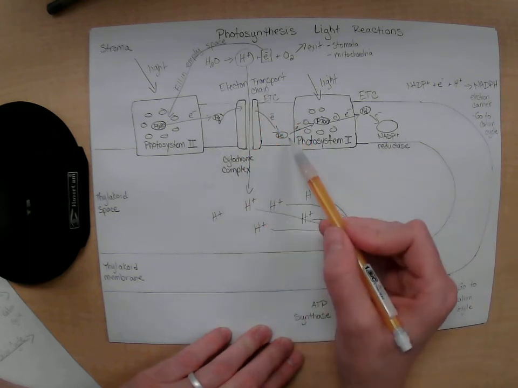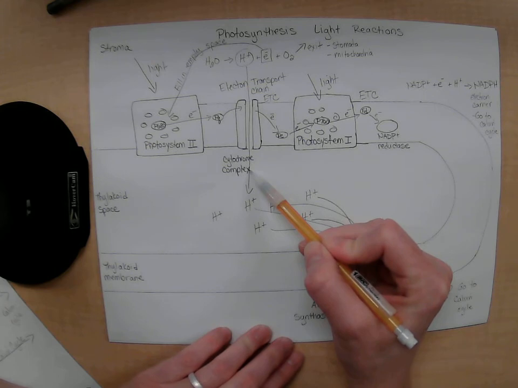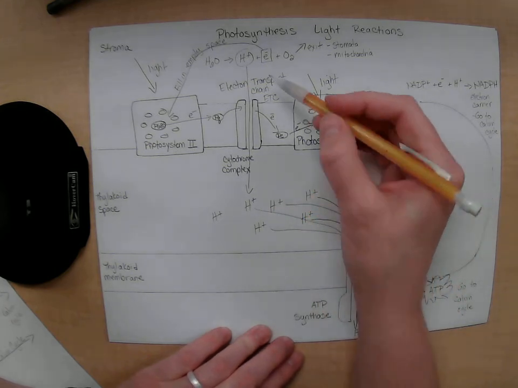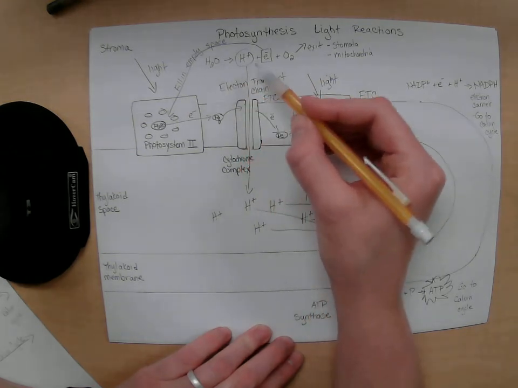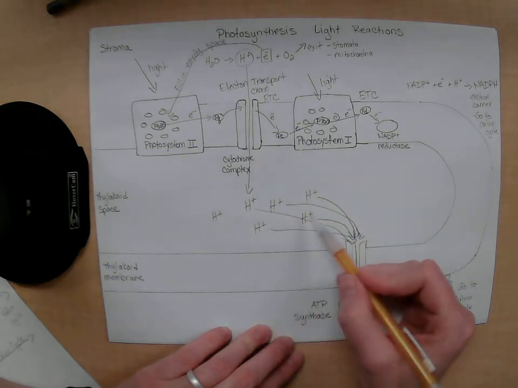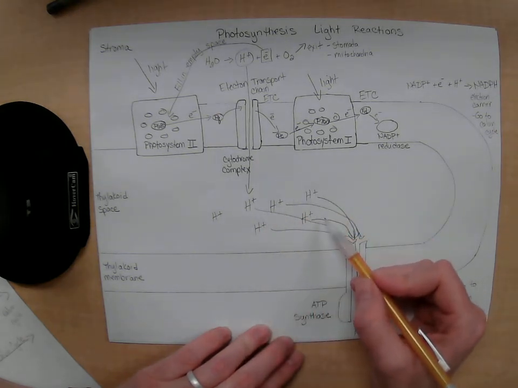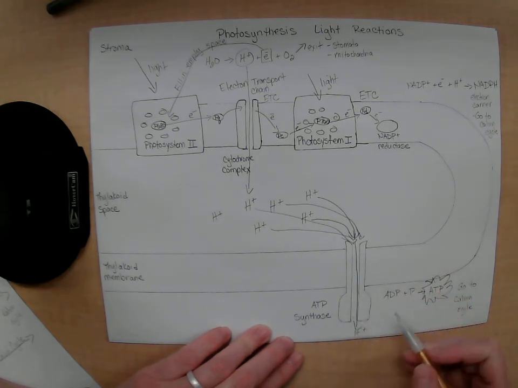The electron transport chain for photosystem 2 involving the cytochrome complex takes hydrogen ions that ultimately came from the water, causes them to go through that channel and build up a hydrogen ion gradient. Those hydrogen ions will flood through the ATP synthase, causing the phosphorylation of an ADP into ATP, right? Our molecule of cellular energy.